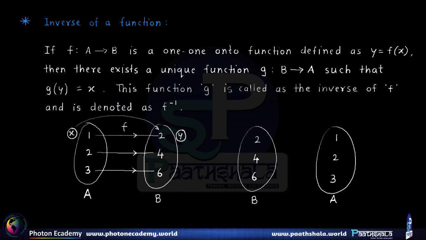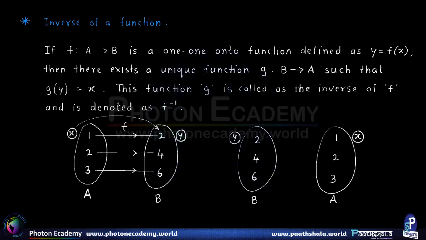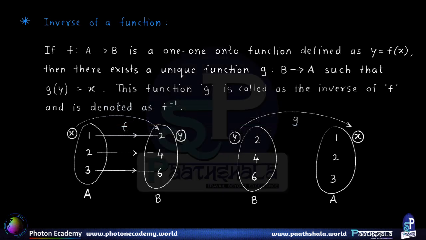Now if we interchange the sets, x which was 1 will now sit in the second set which is A, and y which was in the second set initially will now be the label for the element in the first set which is B. So what the inverse of the function does is, it maps this y back to x, and that is defined as the function g, which is called the inverse of the original function.